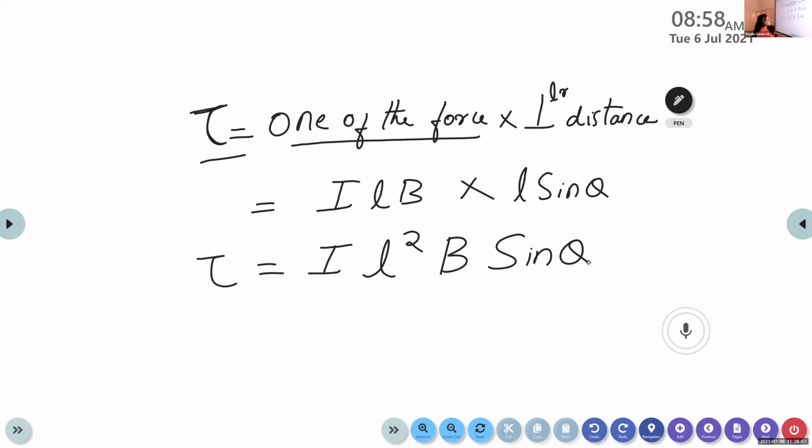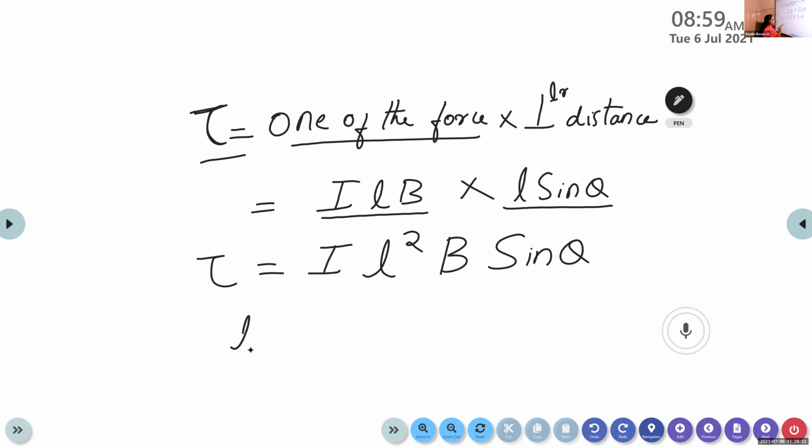So the expression for the torque is given by tau is equal to the force acting on any one of the sides into the perpendicular distance. The force acting on any one of the sides is taken as ILB and the perpendicular distance is L sin theta. Therefore, tau is equal to I into L square B sin theta.